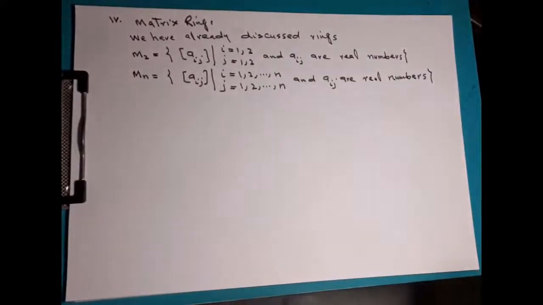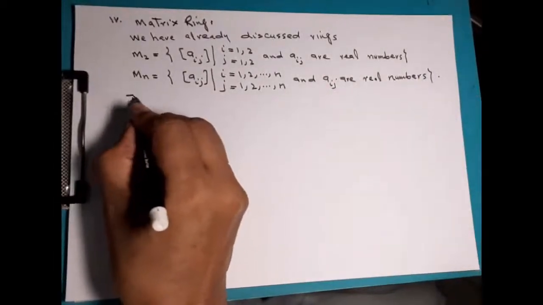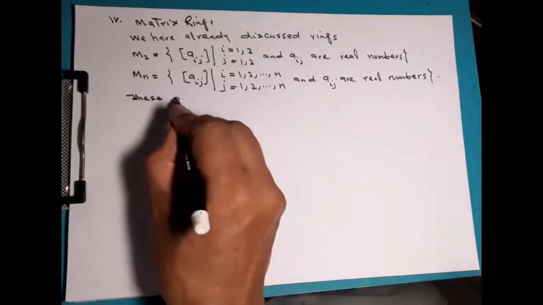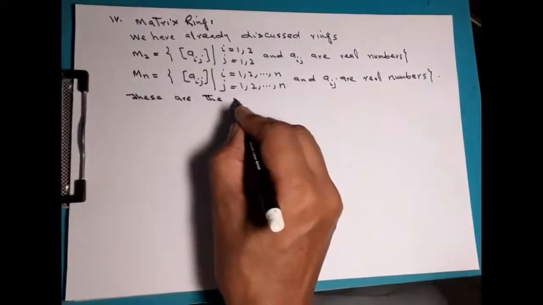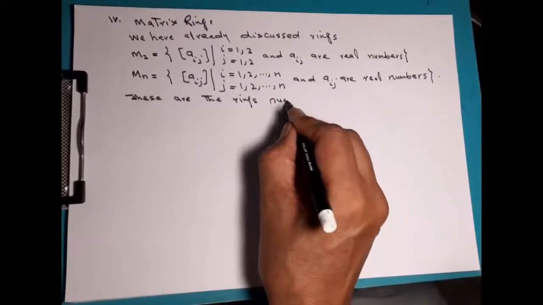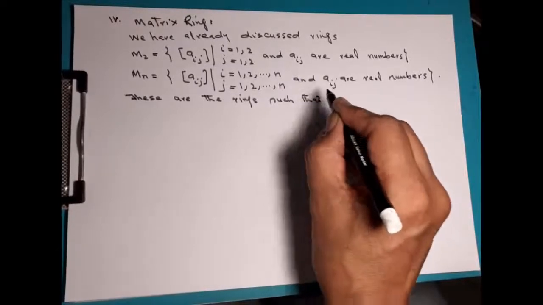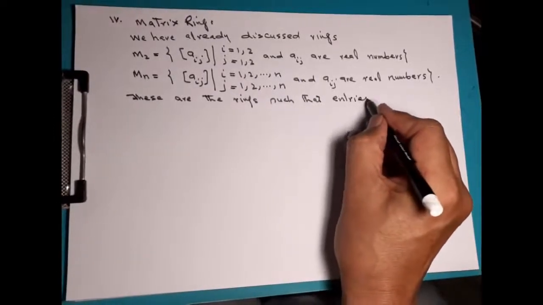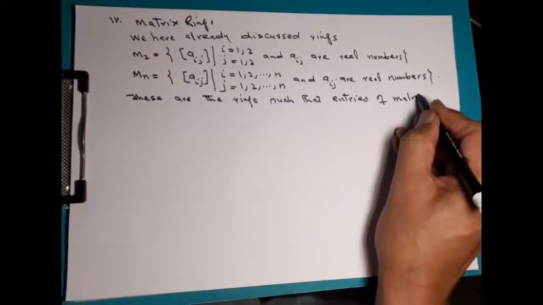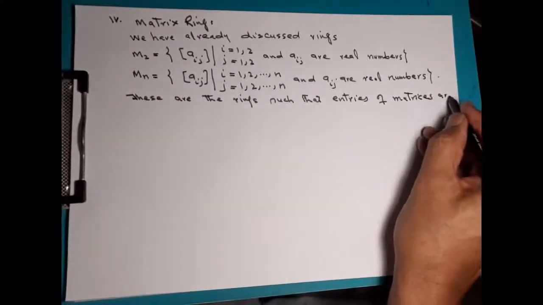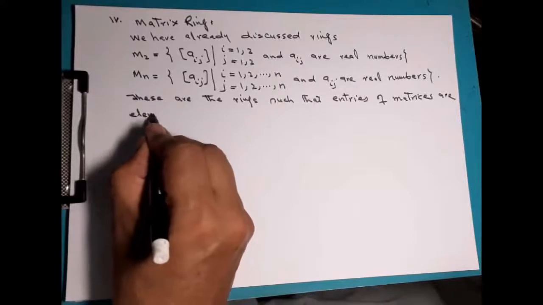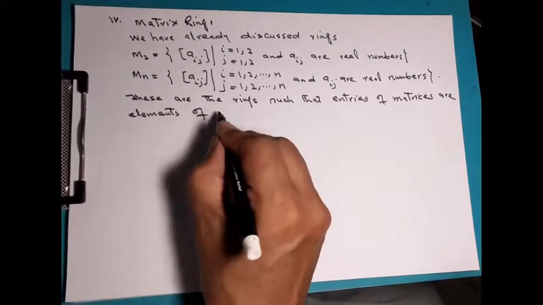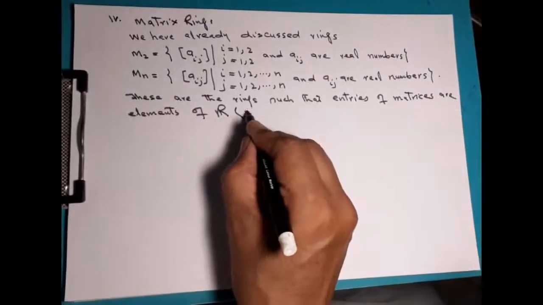So we have already discussed these two rings, and these are rings of matrices such that entries of the matrices are elements of R, the ring of real numbers.